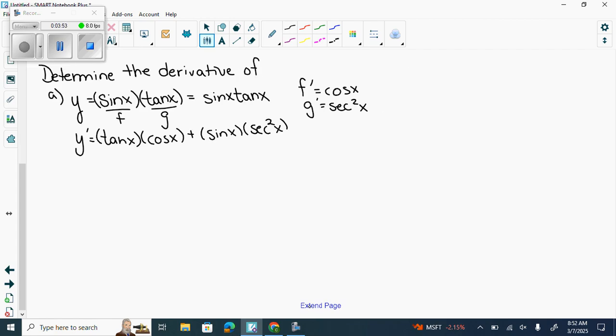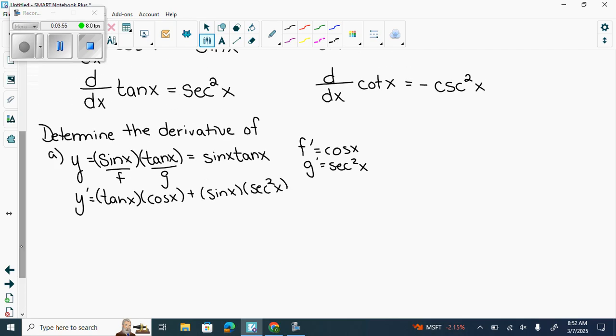And if you can reduce them, you do. This tan x you can reduce. Tan x is sine x over cos x. And then you can take a sine x out of both terms, right?